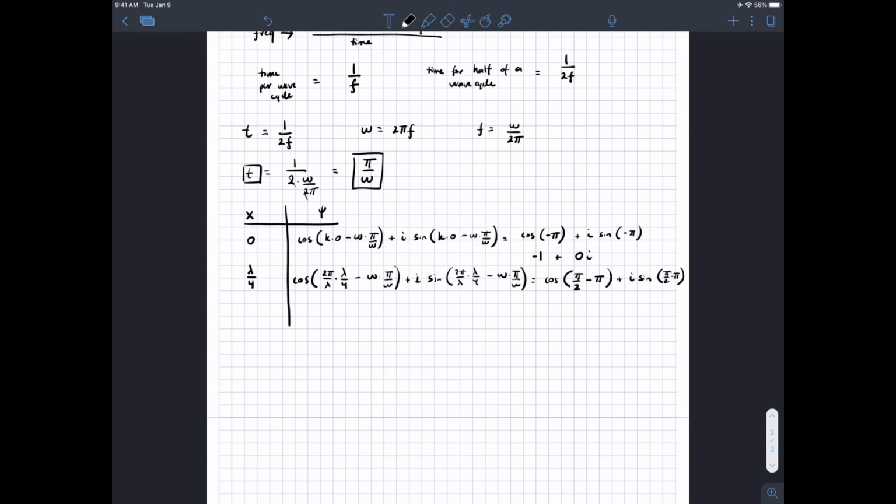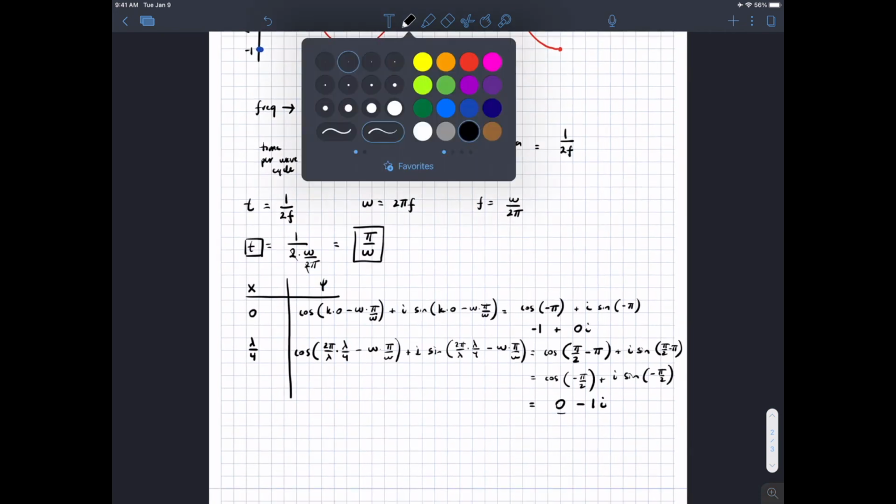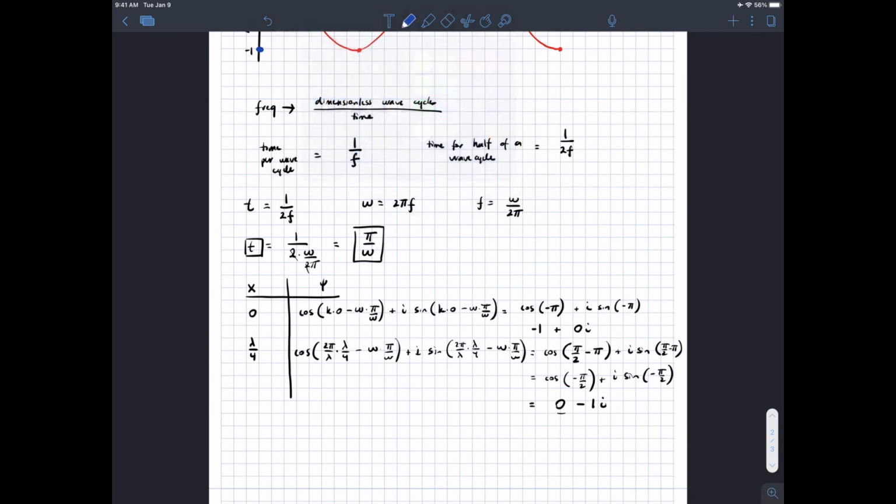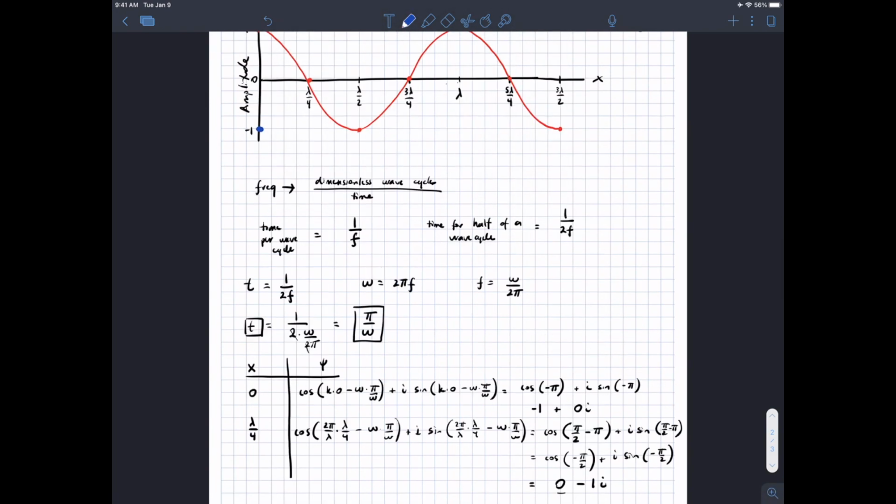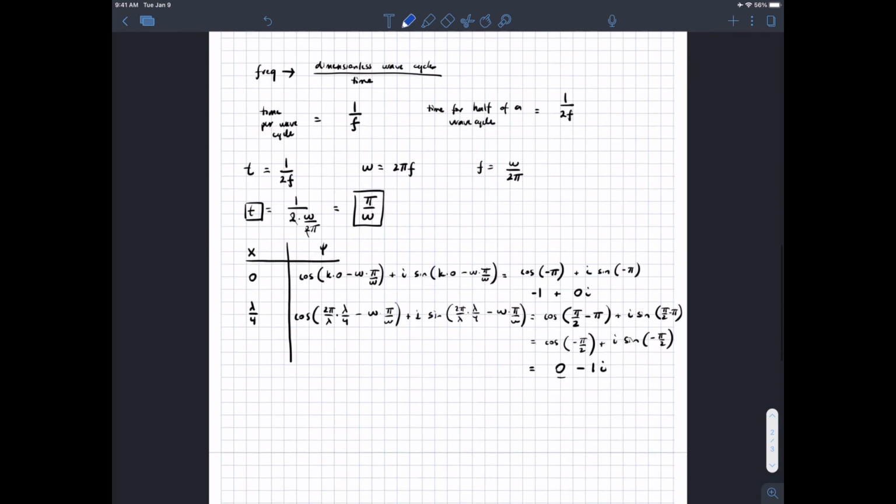What's pi halves minus pi? That's cosine of minus pi halves plus I times sine of minus pi halves. Minus pi halves is the same as 3 pi halves, so the cosine of minus pi halves is 0. And the sine of minus pi halves is -1. So the real portion of our amplitude at time equals pi over omega should be 0.